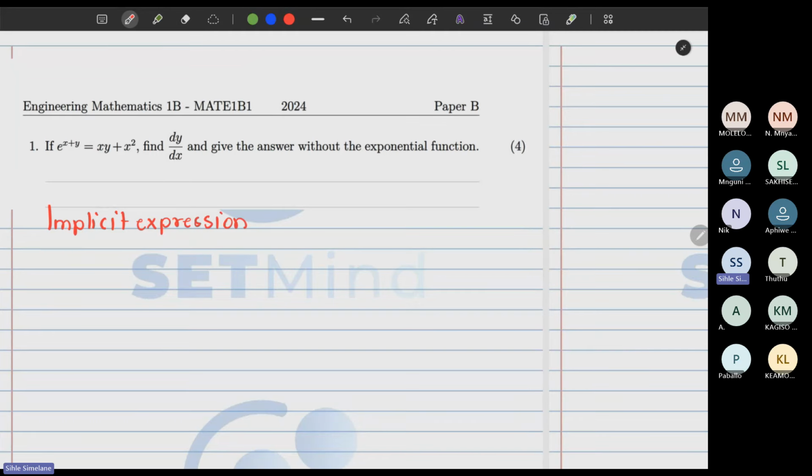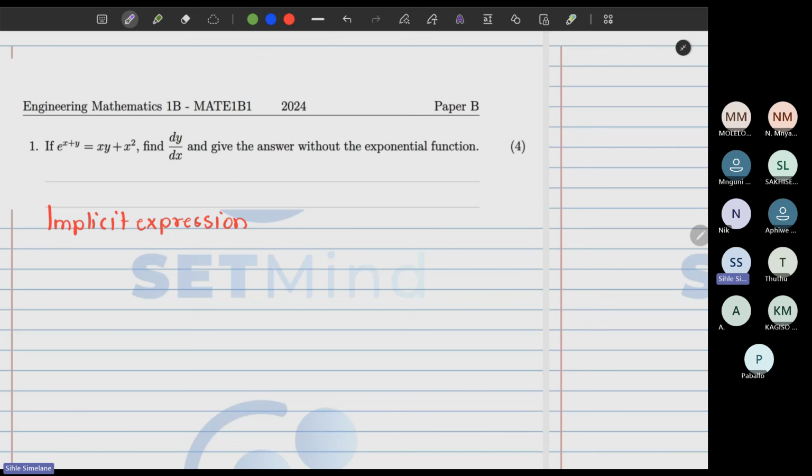An implicit expression means that we don't have one variable in terms of the other. Because we have an implicit expression, we need to do implicit differentiation.